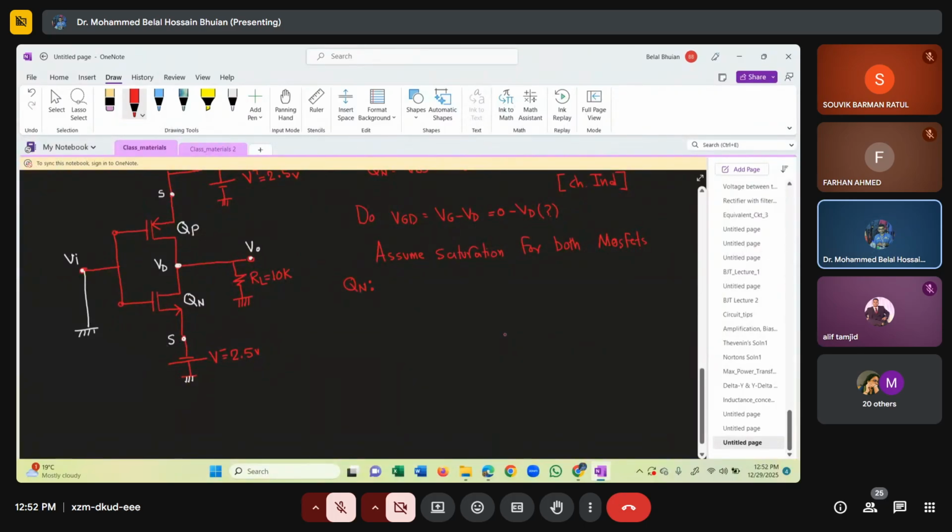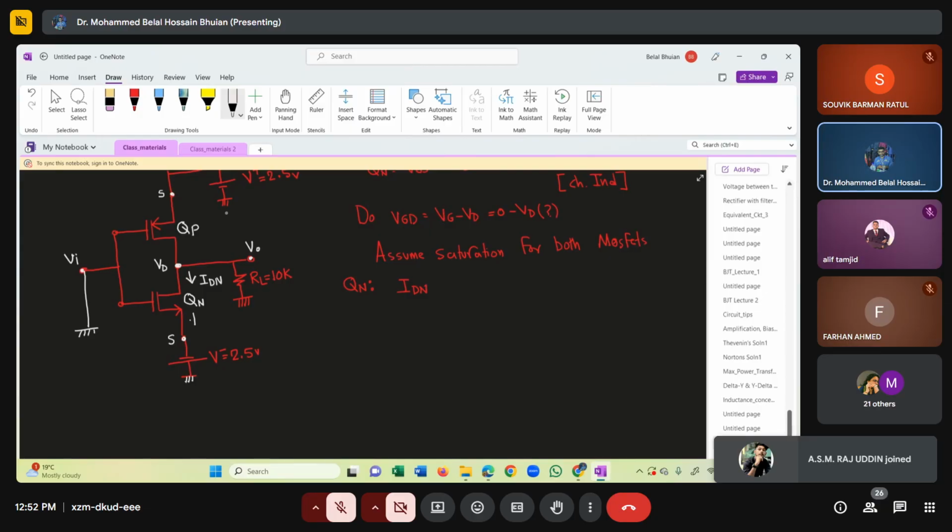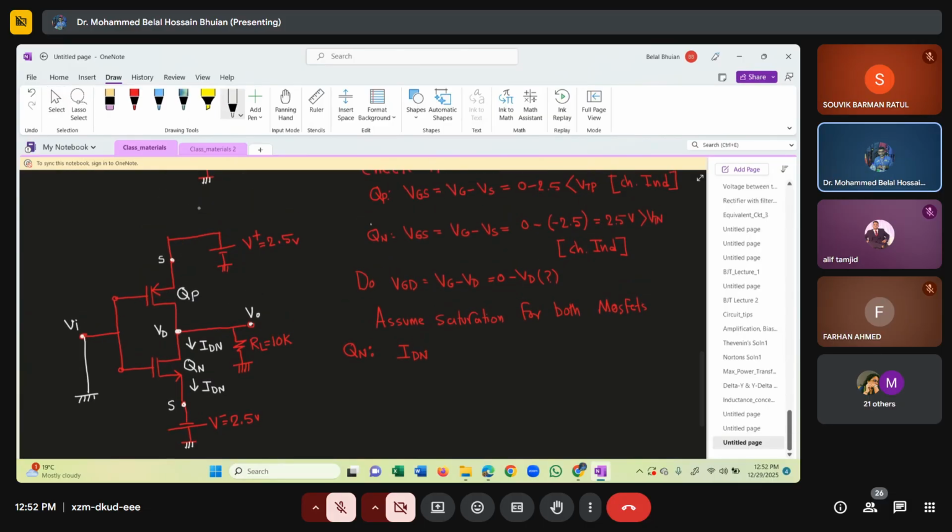I want to determine the current. For the saturation region, let's call the current flowing in the N channel IDN, and in the P channel IDP. In the P channel, the drain current IDP flows from source to drain.